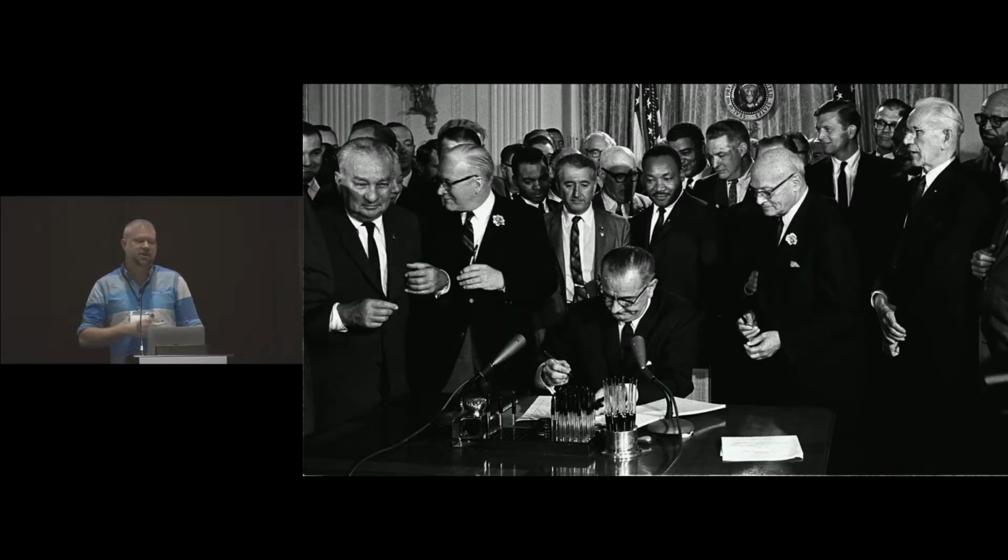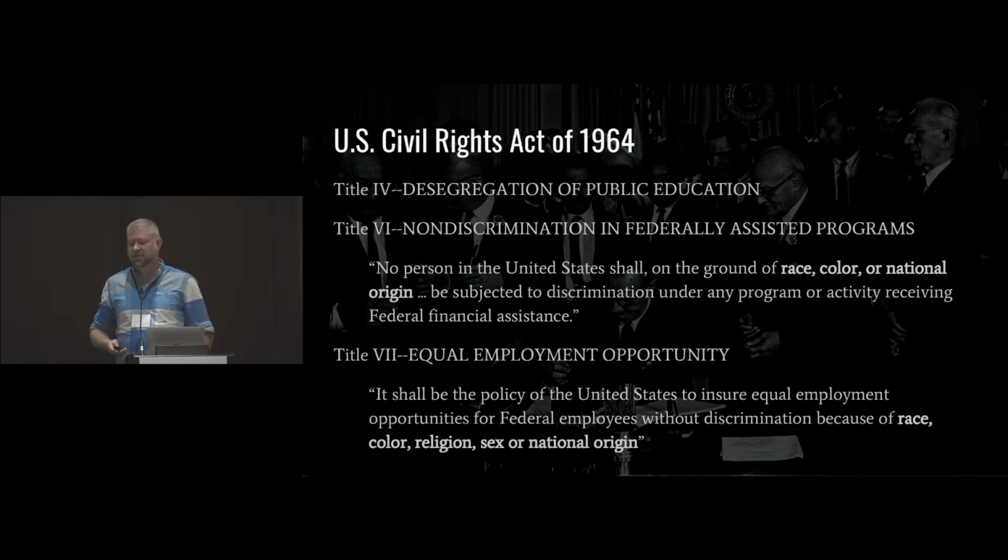And of course, the Civil Rights Act of 1964 was also critically important. Specifically, it outlawed discrimination on the basis of race, color, religion, sex, or national origin, specifically mentioning the domains of education and employment.